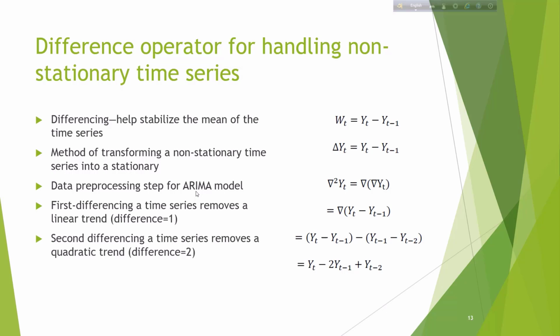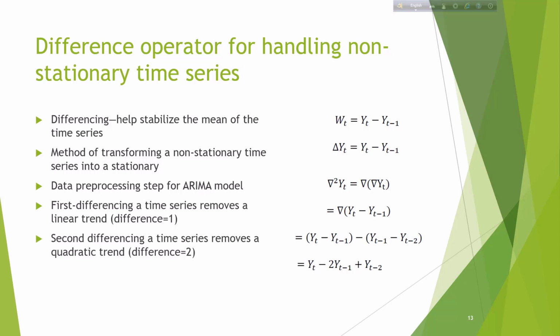The first difference of a time series removes a linear trend. It means difference 1. The second difference can remove the quadratic trend of time series data. So we assume yt is time series data, then the first difference can be written as wt equal to yt minus yt-1, but the symbol wt is not always used. Sometimes it is used to denote the first difference operator.